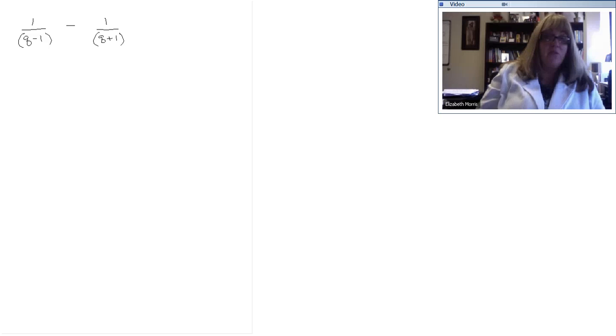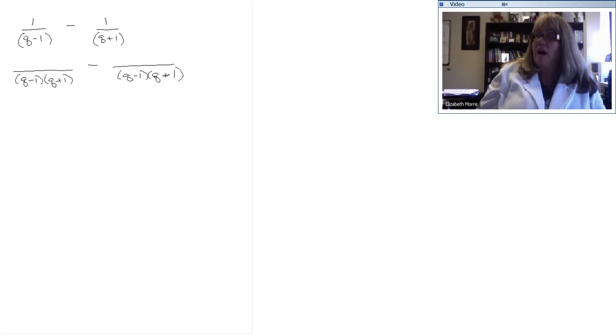You know they are because we couldn't reduce them if they were on top of each other. It's kind of like saying you have an A and a B. So the common denominator is going to be q minus 1 times q plus 1. That's the common denominator.